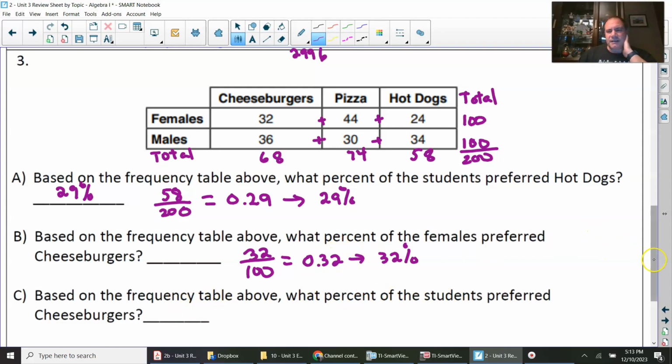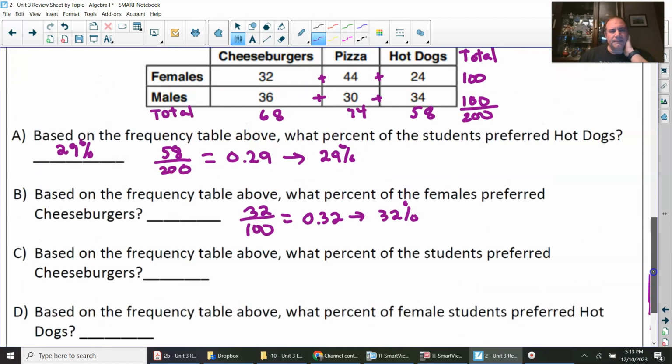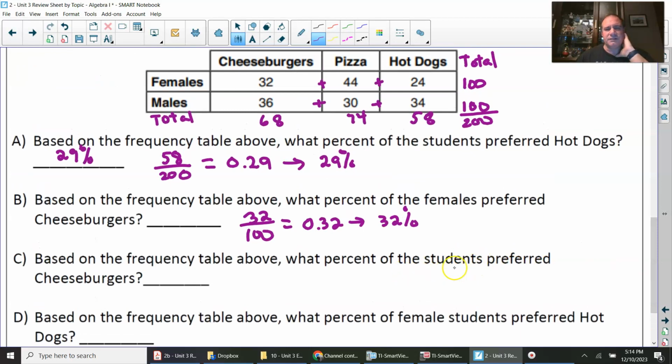Based on the frequency table above, what percent of the students preferred cheeseburgers? So we're going to talk about 200. How many people preferred cheeseburgers? 68. You do 68 divided by 200, you get 0.34, and you get 34%. And this is 32%.